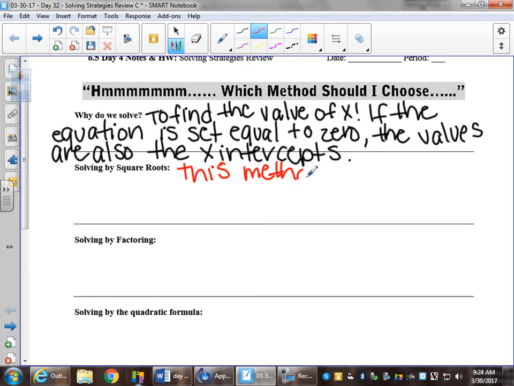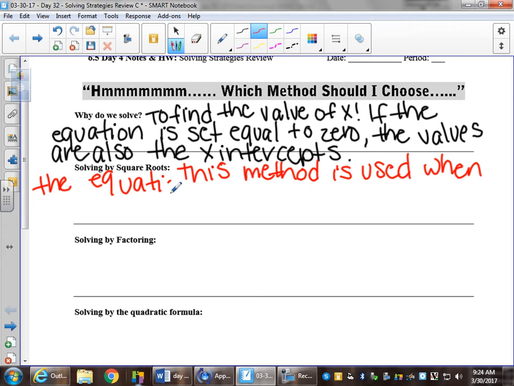This method is used when the equation is missing what type of term?